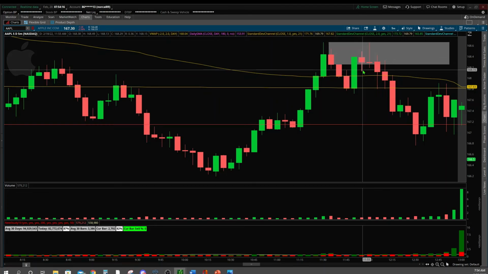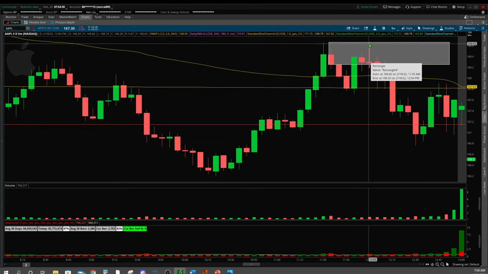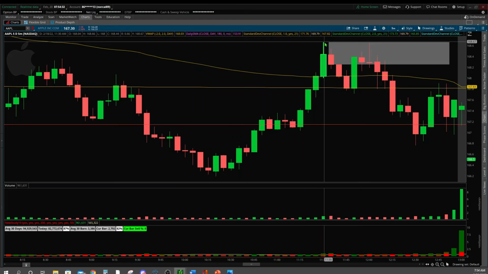It pulls back. All these traders are thinking, okay, this is a bull candle, or it's a bull flag. It's setting up. So they get in long. It goes up right to the top of this candle here.